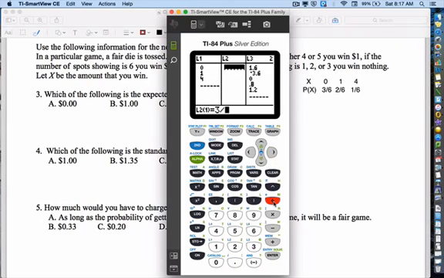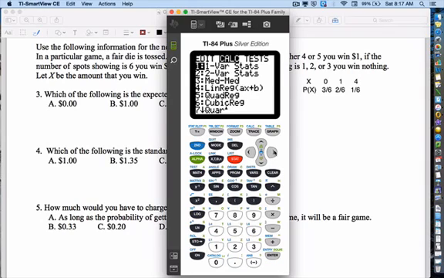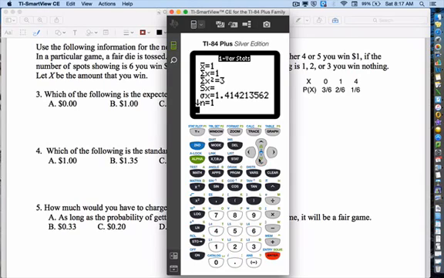And 3 over 6 is the probability for 0. 2 over 6 is my probability for $1, and 1 out of 6 is my probability for $4. And just like before, we're going to do stat calc, one var stats, L1 and L2, or if you have the other kind of operating system, L1, comma L2.